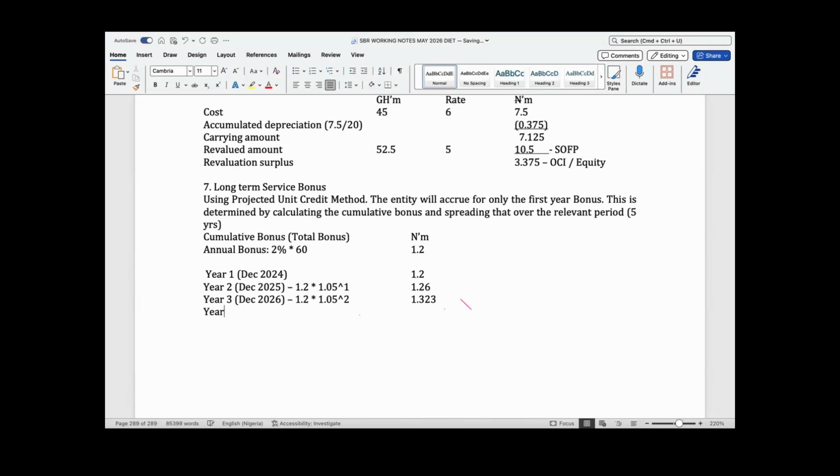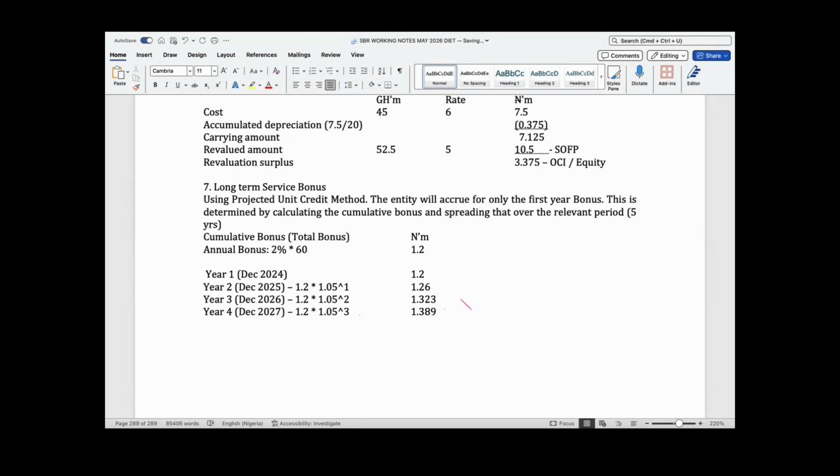In year 4, which is December 2027, it's 1.389.